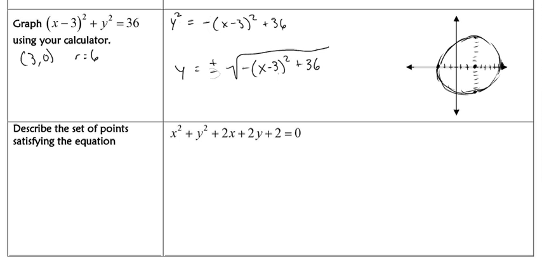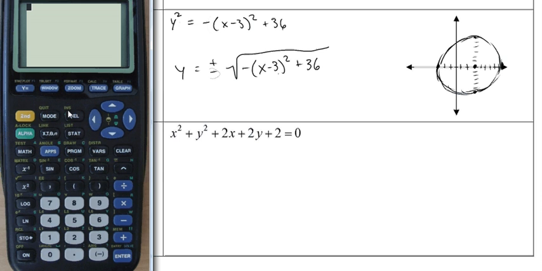So let's go ahead and do that. y equals the square root of negative, parentheses, x minus 3, squared, plus 36, close the square root parentheses.